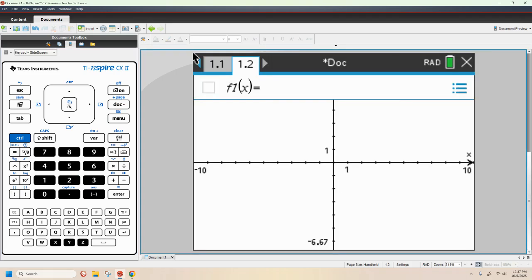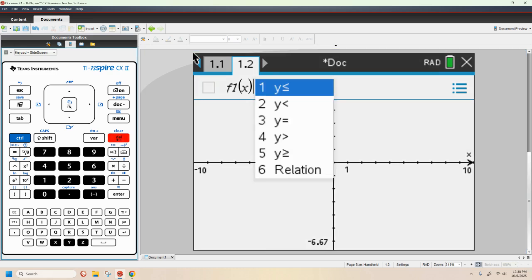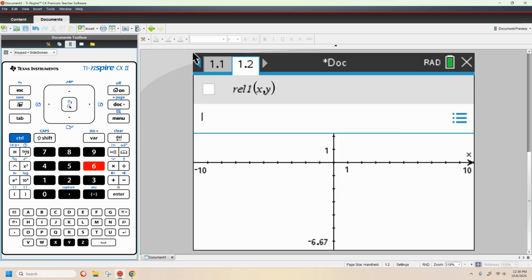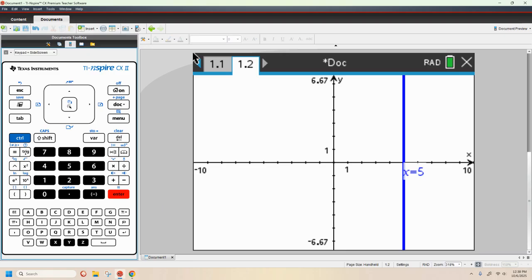This is the easiest question. Just pick up your calculator. It'll make your life worth it. You hit the delete key to get rid of f of x. Then we choose relation, and the equation was x equals 5. Where is it? It's vertical at 5. Does anybody need me to repeat that process?